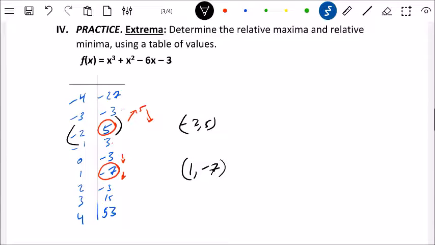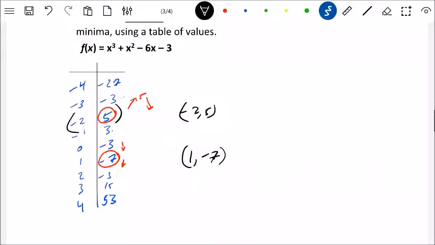So the extrema here, this is the relative maximum, and this is the relative minimum. Okay.